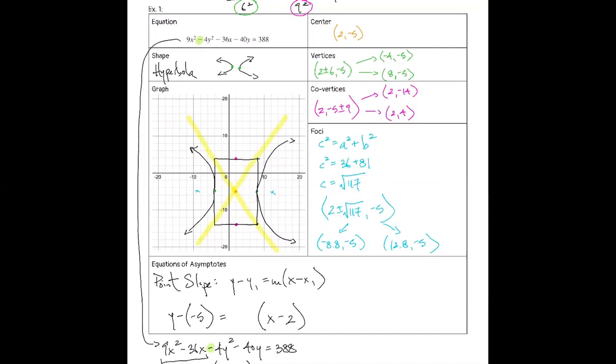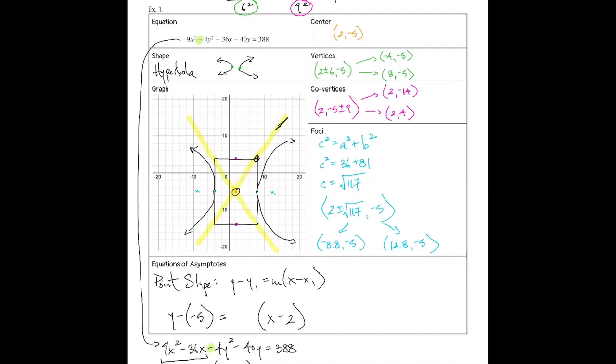But the slope of this yellow line, it has a rise of 9 and a run of 6. If I literally count from the center to this corner, I went up 9 and over 6. That's how I got there.